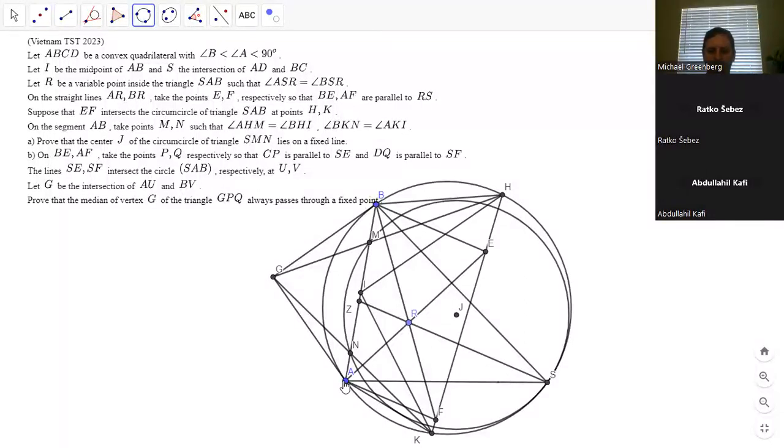I don't know exactly. And BS over AS by the angle bisector theorem is AZ over ZB.